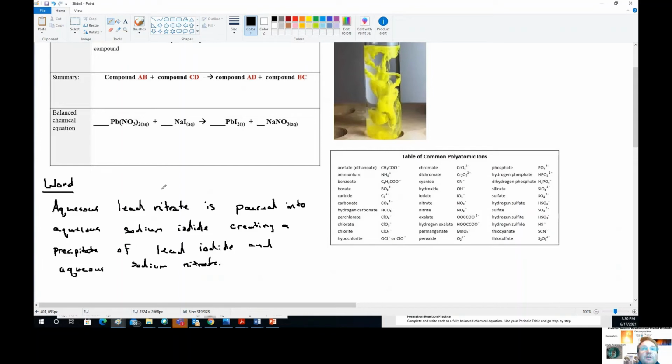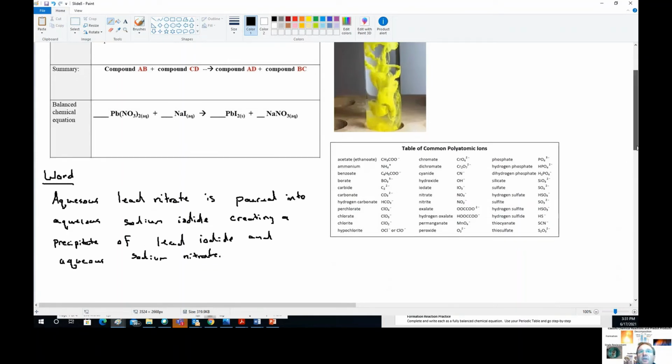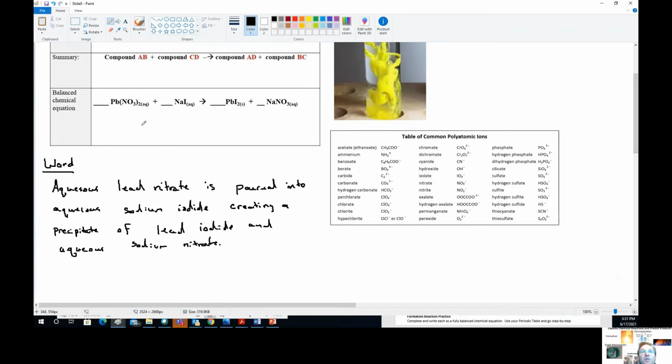Let's take those words. Now we've got the equation right here, but it doesn't hurt to take those words and realize how you convert them into this formula up here. You might want to press pause, use your periodic table, check the charge on lead, the most common charge, so lead 2, and the charge on nitrate. Make sure that formula is correct, because maybe there's an error here. Sodium iodide, same thing. Make sure these formulas are correct.